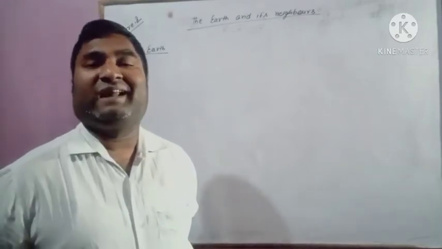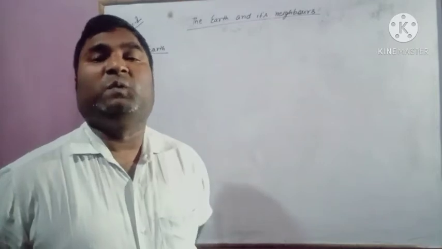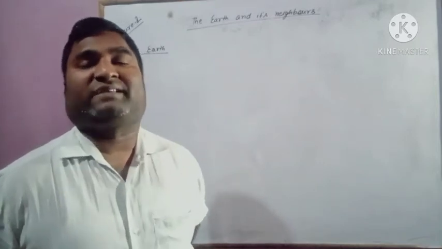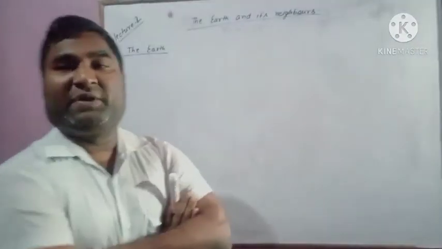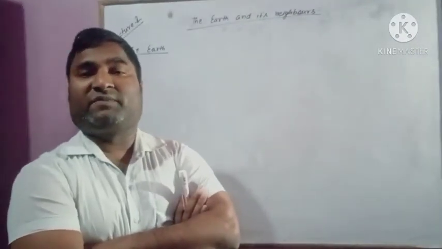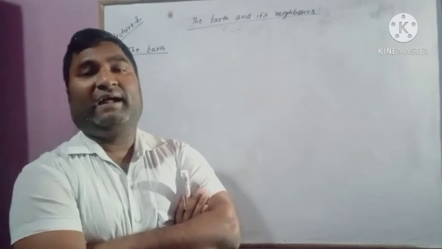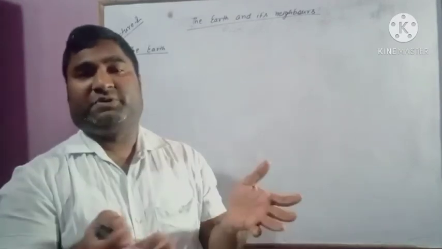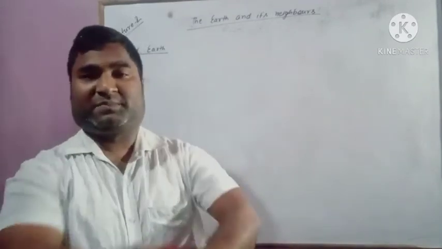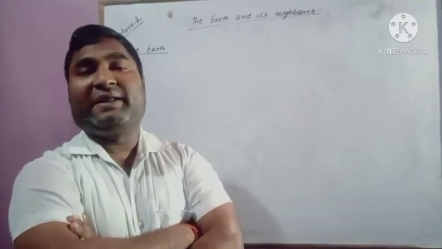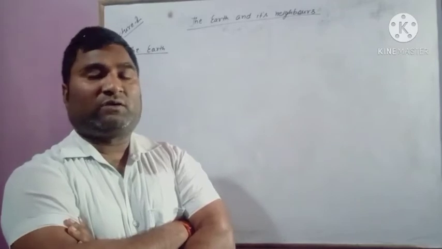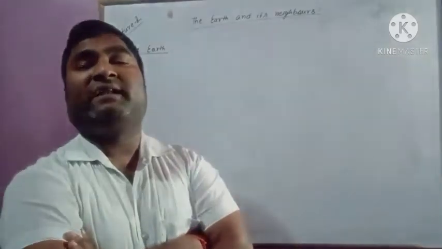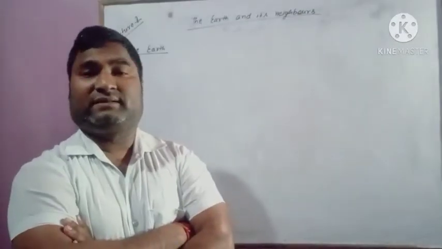The outer layer that got cooled is called crust, means outer layer cooled faster. It became solid and it formed the crust. And some gases escaped into the space, but some gases remained. And the hot molten material remained inside the earth.